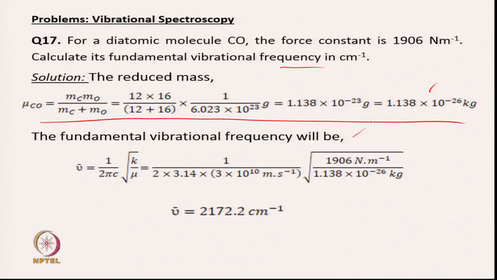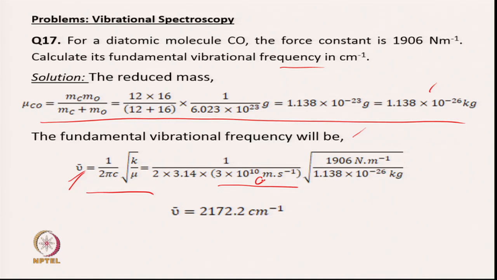So, fundamental frequency, your nu bar, is 1 by 2 pi c root k by mu. This is wave number, so it will be in meter inverse or centimeter inverse unit. So, just put the values: 1 by 2 pi c, where c is 3 × 10^10 centimeter per second. Please correct this, this is centimeter per second.